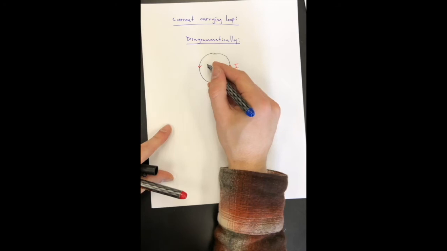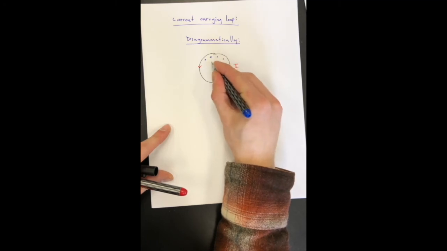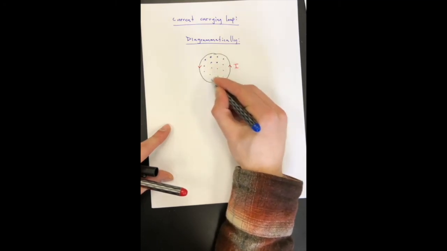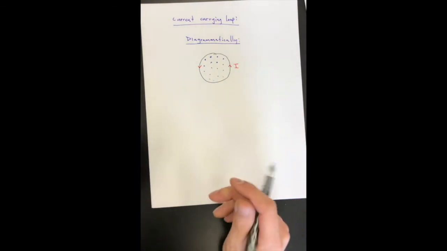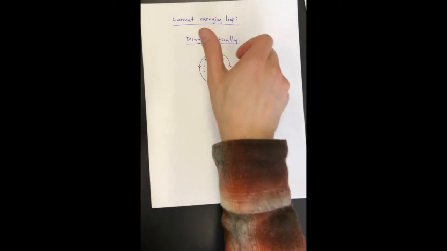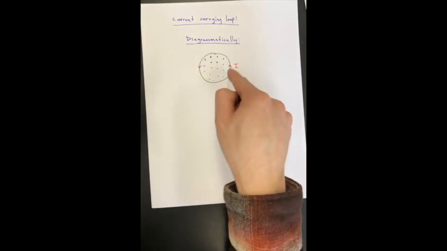And so inside the loop, we could show that there's a magnetic field going out of the page, which would be dots. That means, of course, that there would be X's outside of the loop. But if you really try to imagine this circular B field, it might look something like a donut.